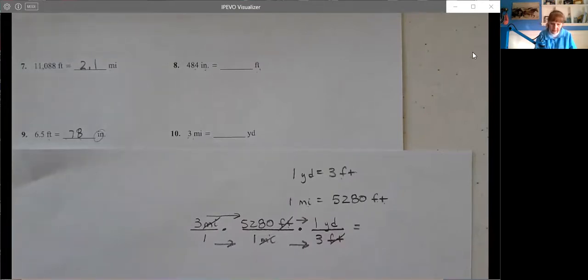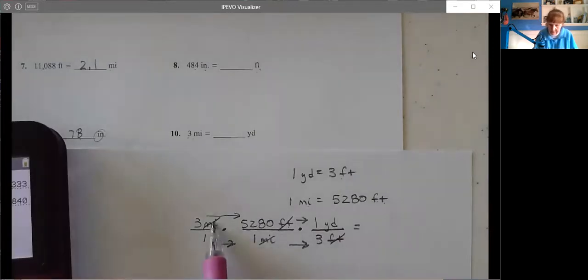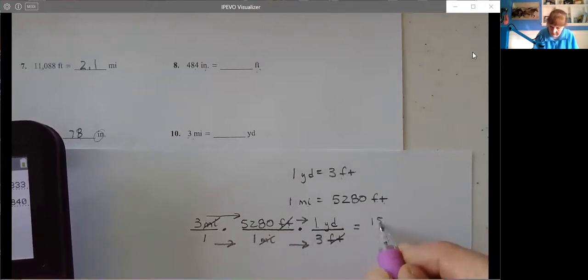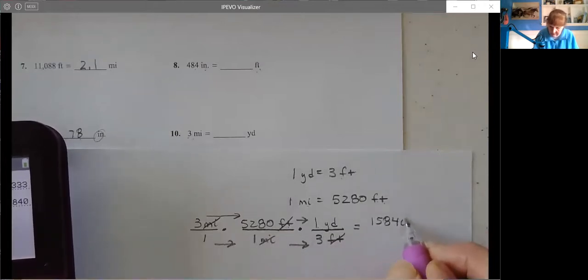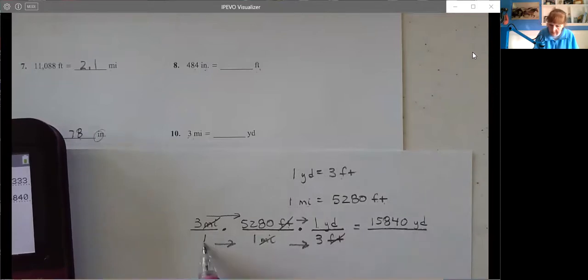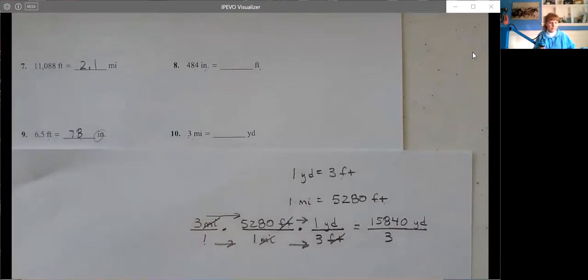So we have 5,280 times 3. I multiplied these times 1. And the unit that's left is yards. 1 times 1 is 1, times 3 is 3. There are no units in the denominator.